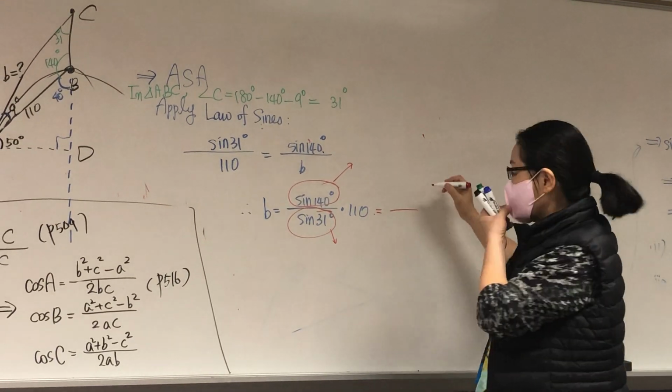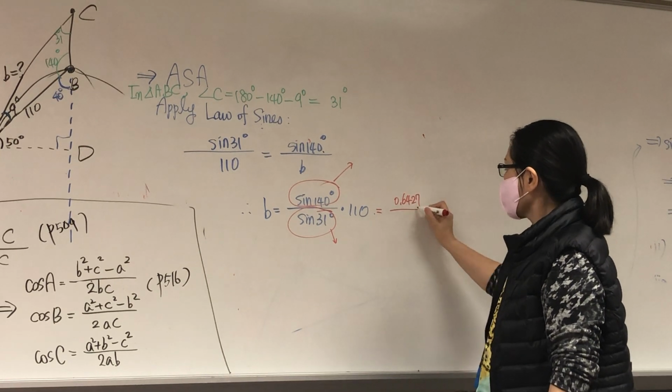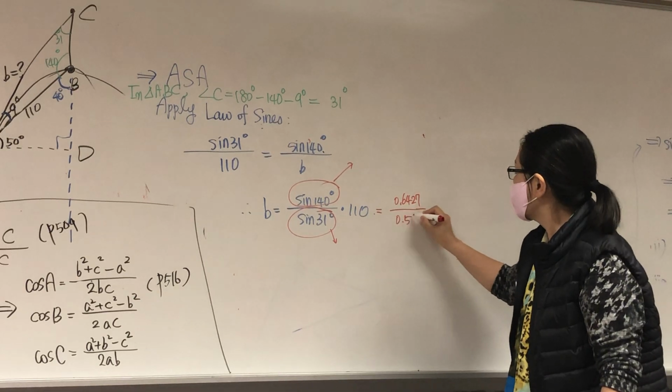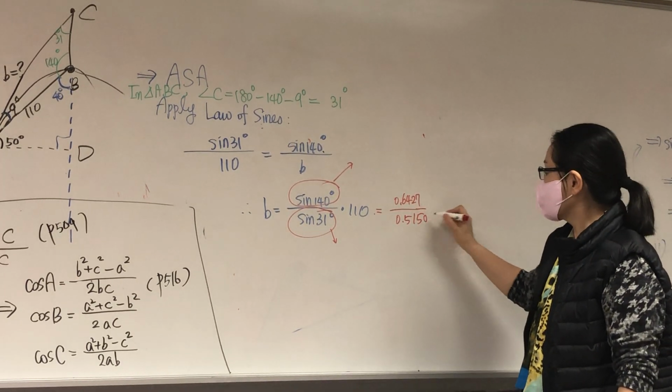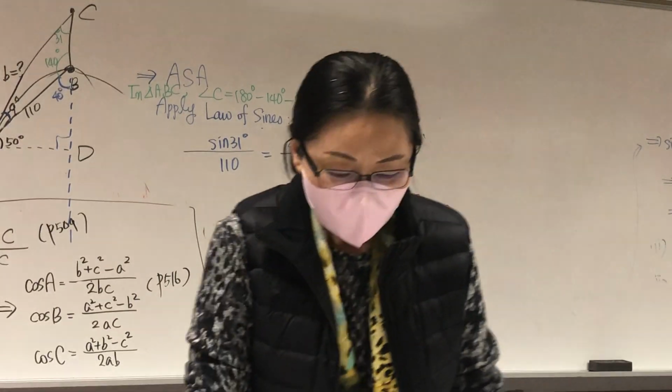Sine 140 is 0.6427. Okay. How about sine 31? 0.515. One more digit. Okay, good. Times 110, and then you can find it. No problem.